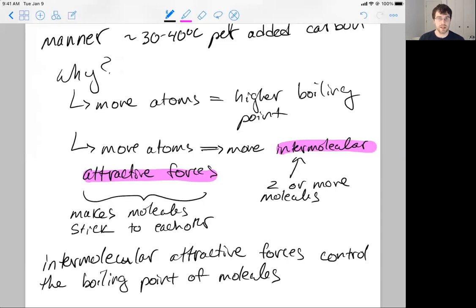Now, if you think about what these things are, it can make sense. So when we're boiling something, we're adding energy into the system, which is causing the molecules to move around, right? As we heat things up to boil, we're going to see an increase in the average kinetic energy of the system. So all the molecules are going to move faster. And as they move faster, they're going to kind of wiggle their way out and fire out of the liquid state and into the gas state.